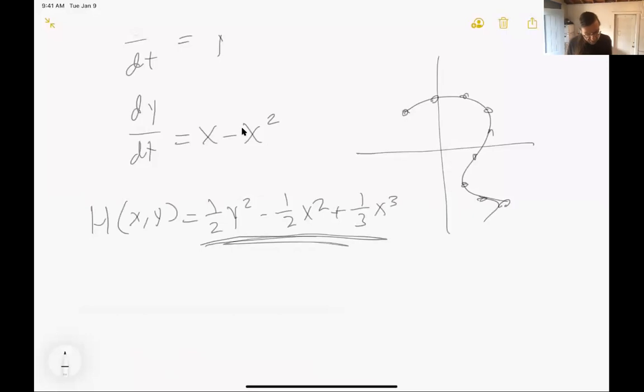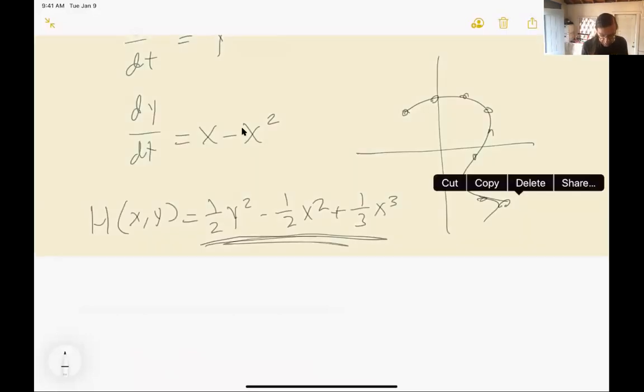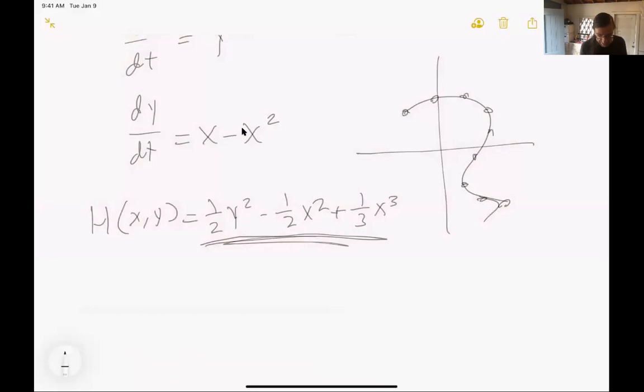Now, what that means is that as I'm traveling along this curve, we're going to remember some Calc 3 here. As I travel along this curve, the value of H doesn't change. And another way to say that some quantity isn't changing is to say that its derivative with respect to time is 0.